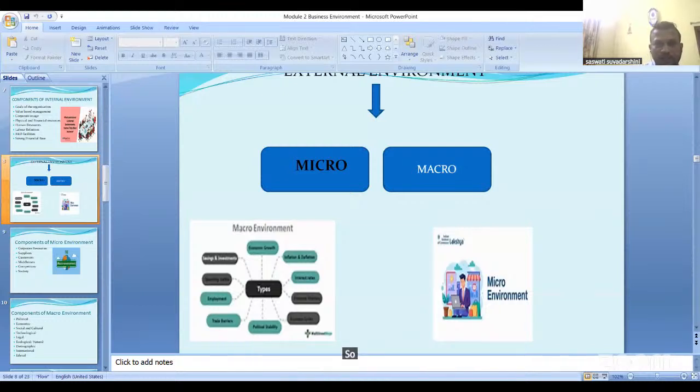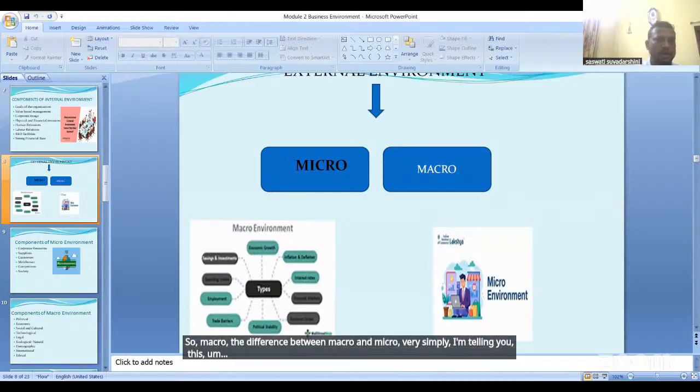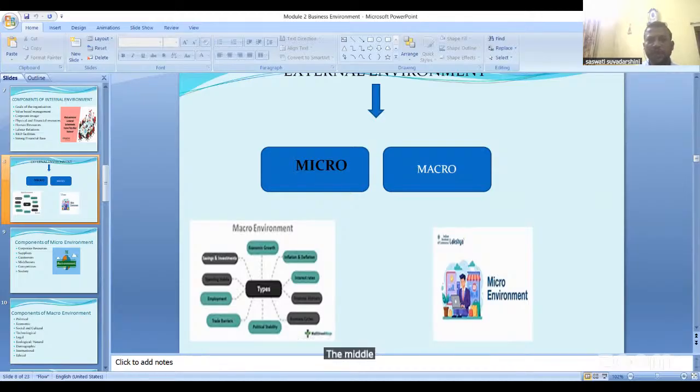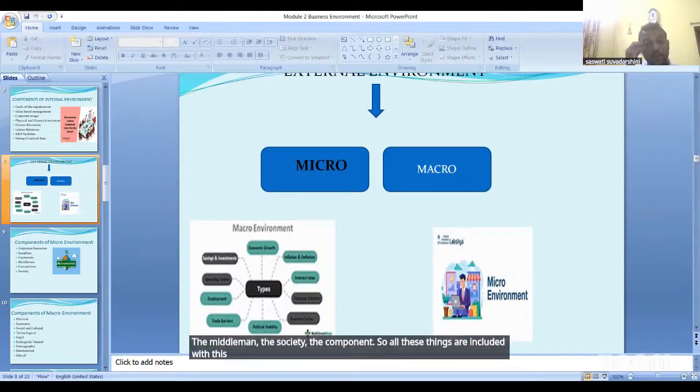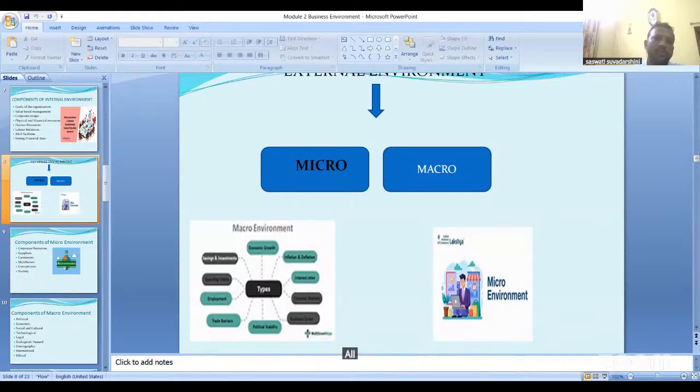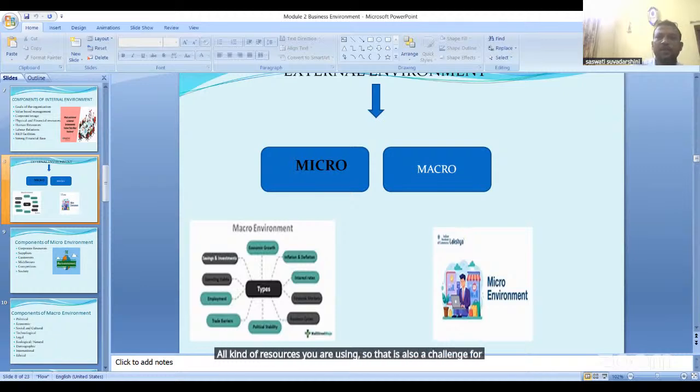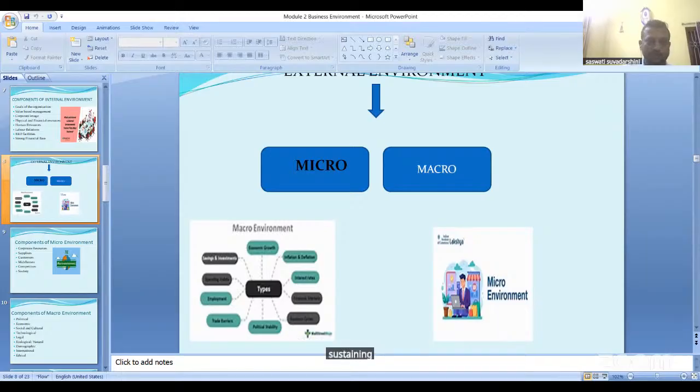And the difference between macro and micro, very simply I am telling you, the micro aspect is related to your resources, your customer, the middleman, the society, the components. So all these things are included with this. Not only corporate resources, all kinds of resources you are using. So that is also a challenge for the business environment. Sustaining the right kind of resources is a major challenge for all entrepreneurs.